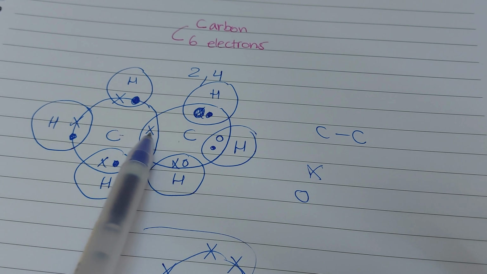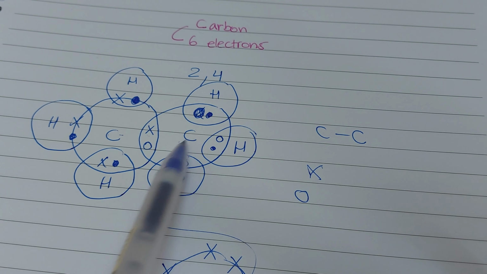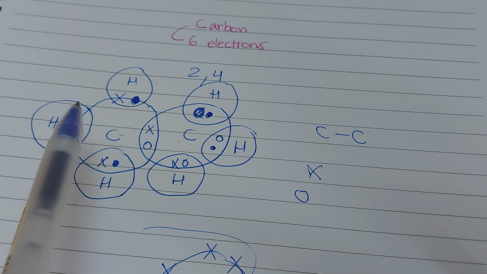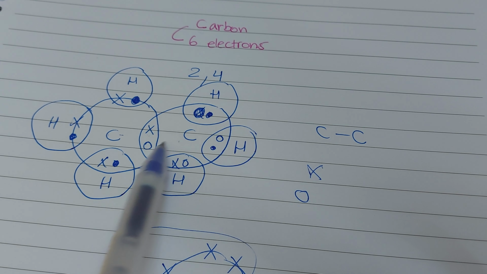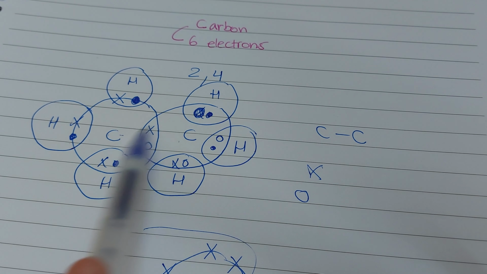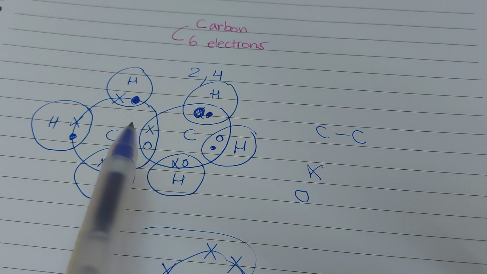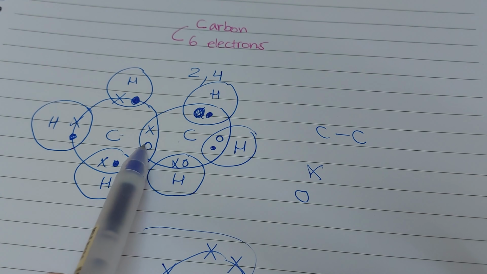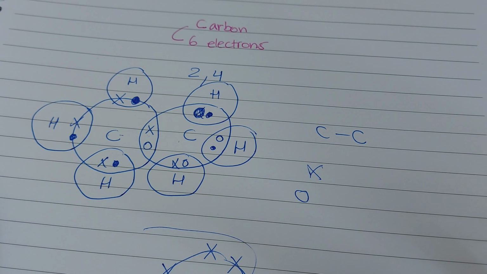So it's sharing one electron, and so this carbon needs to share another electron. So like that, the carbon gains another electron by sharing. So if we count here, that makes it 1, 2, 3, 4, 5. So it will need 3 more electrons.